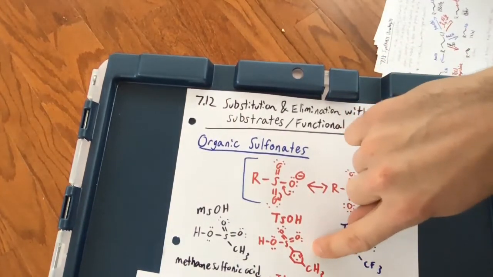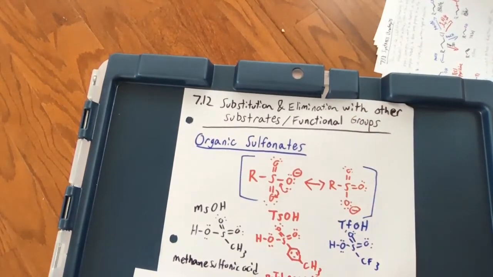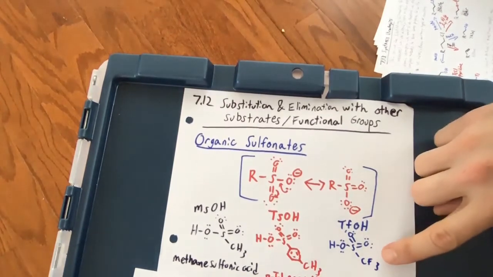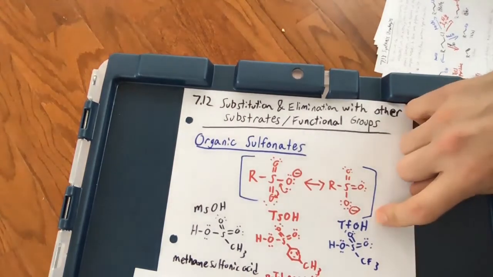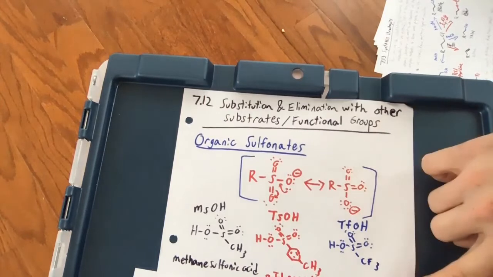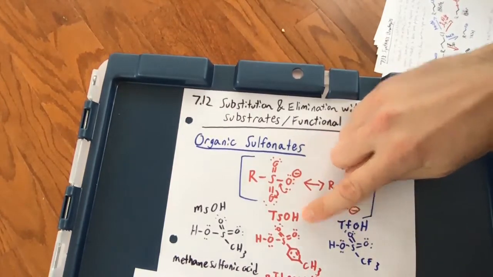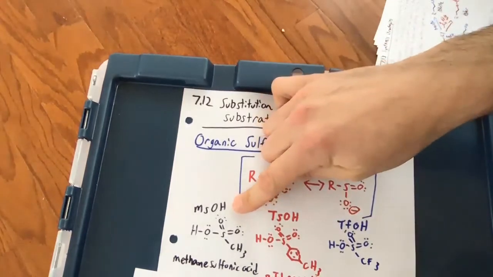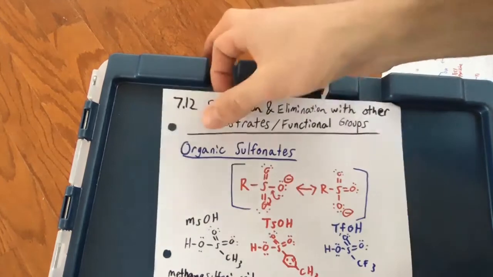You'll learn more about the name para-toluene in Organic 2, but for right now, in Organic 1, this is all that you need to know. And also trifluoromethane sulfonic acid, because there's a trifluoromethyl group there, and that has the abbreviation TfOH. We call this one triflic acid, this one tosylic acid, and this one mesic acid. Don't ask me why, it just is the convention in organic chemistry.